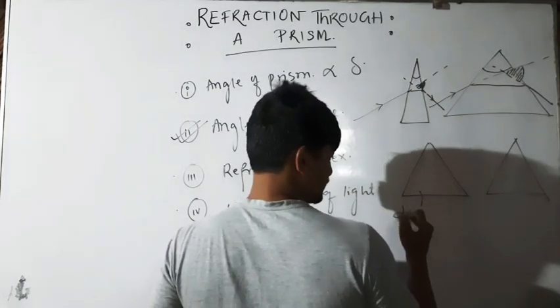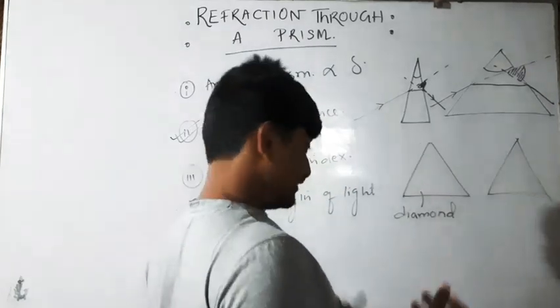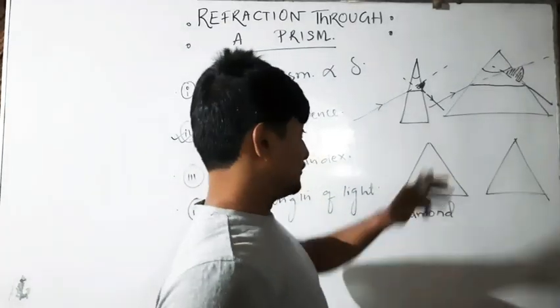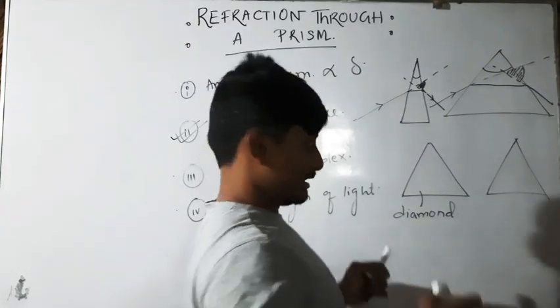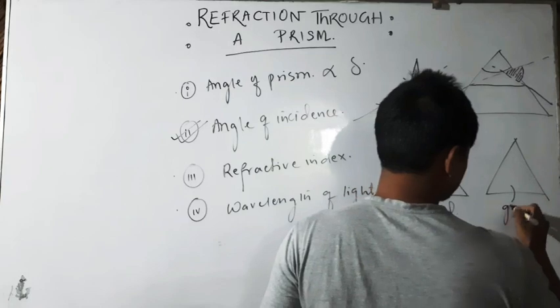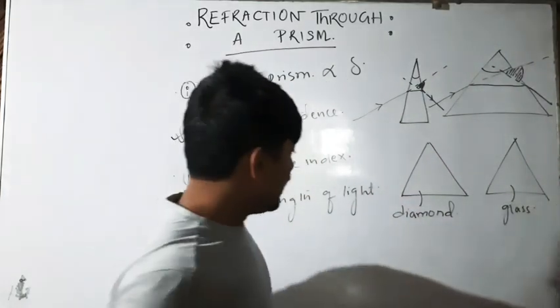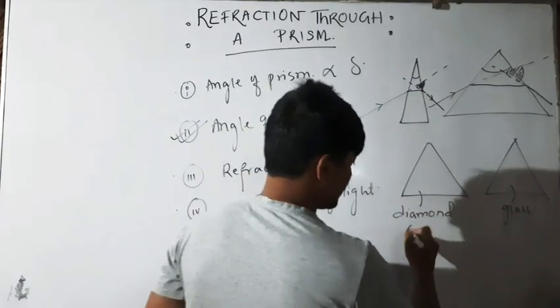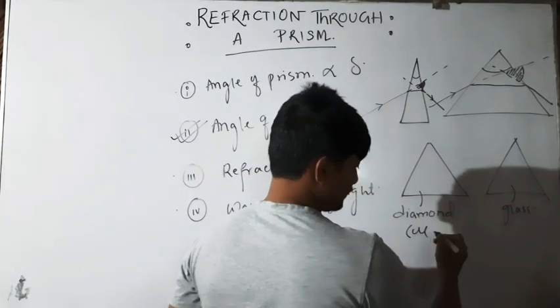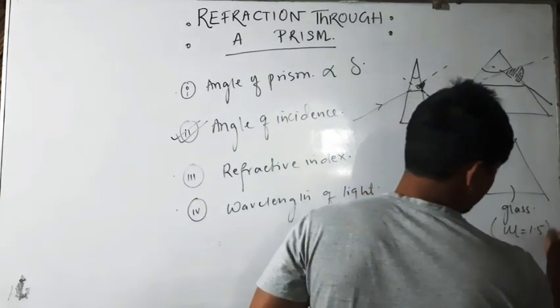One is made up of diamond. I'm very rich, I've taken a diamond prism, and say someone else is very poor, he has taken a glass prism. Now what happened, you see, diamond has a mu or refractive index of 2.4, whereas glass has a mu of 1.5.